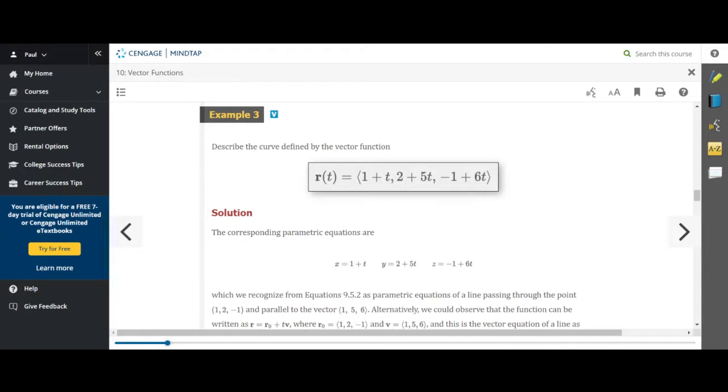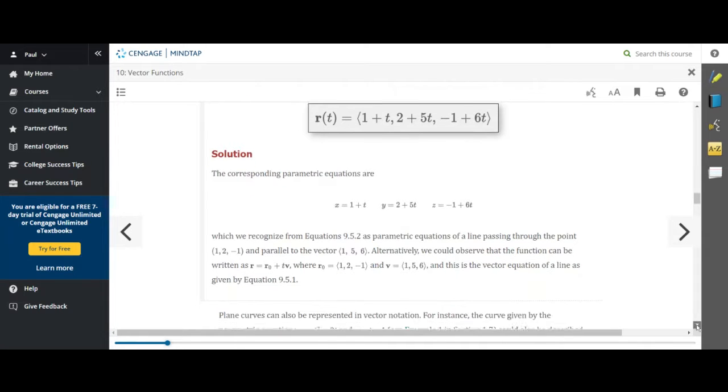There's r of t equals 1 plus t, 2 plus 5t, and negative 1 plus 6t. What do those parametric equations look like? They're parametric equations of what space curve that you've already seen? That's good. A line in space. Absolutely. A line in space.